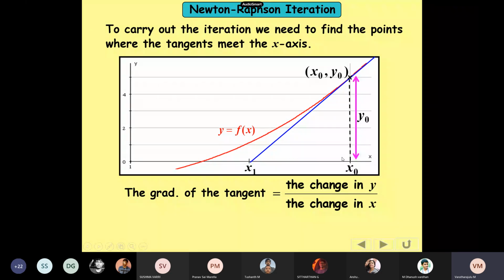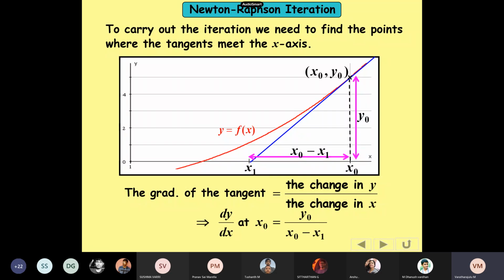So our change in y is y naught, and our change in x is x naught minus x1. We apply this instead of the change in y and change in x. Therefore, the LHS, the gradient, is transferred into dy by dx.